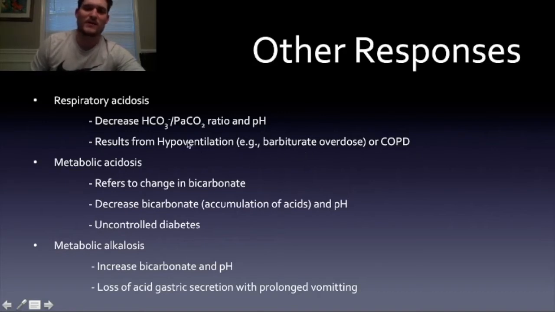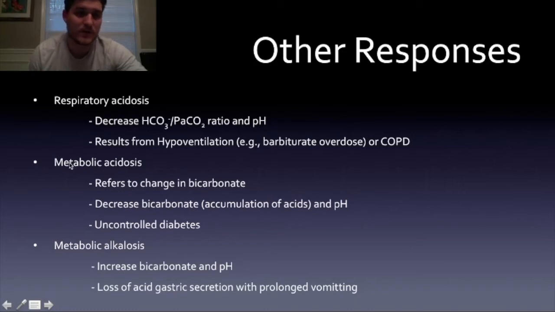And so because of that hypoventilation, like we discussed on the last page, that would be the opposite. If we hypoventilate at altitude, it can result in a decrease in the bicarbonate to CO2 ratio, and also decrease pH, or make the blood more acidic.